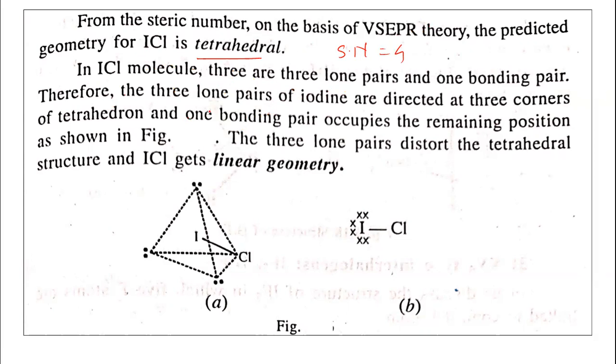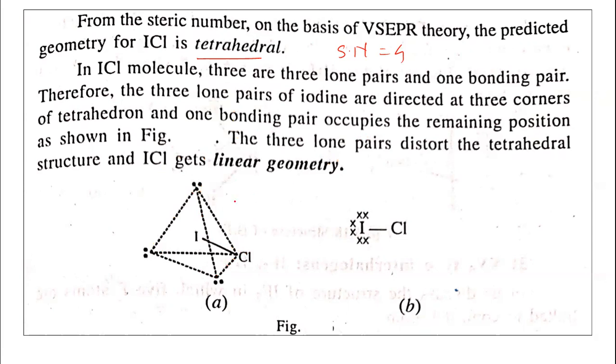Therefore, the 3 lone pairs of iodine are directed at 3 corners of the tetrahedron, and chlorine is at one corner. The 1 bonding pair occupies the remaining position, as shown in the figure.